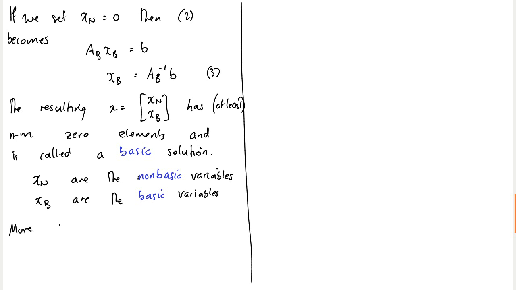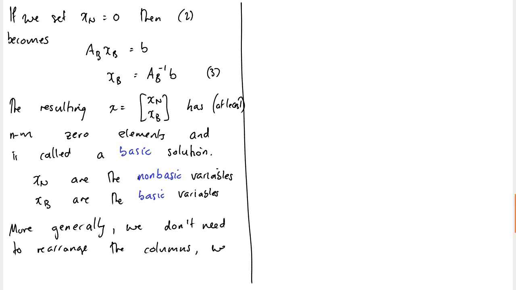So more generally, we don't need to rearrange the columns. We just store a list B of the indices of the basic variables.